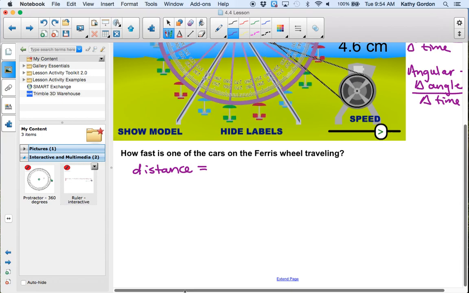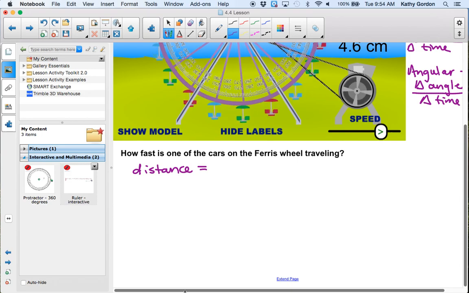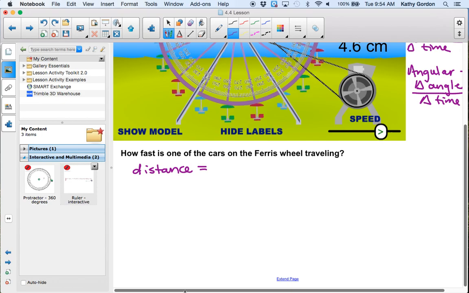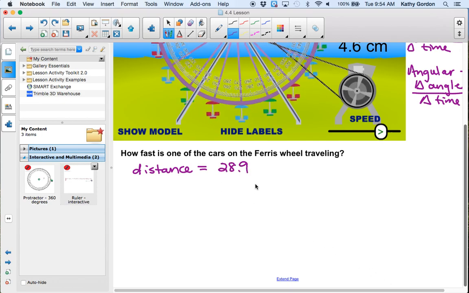Everybody agree? 28.9 sound good? Steven, is that right? You like it? 28.9? It's all good? 28.9 what? Centimeters.